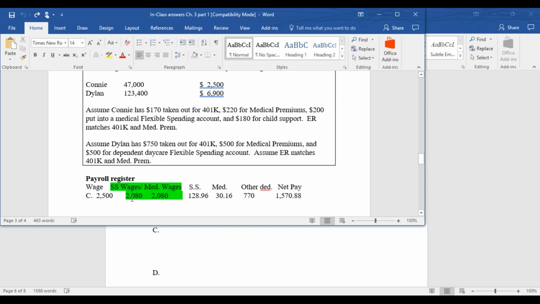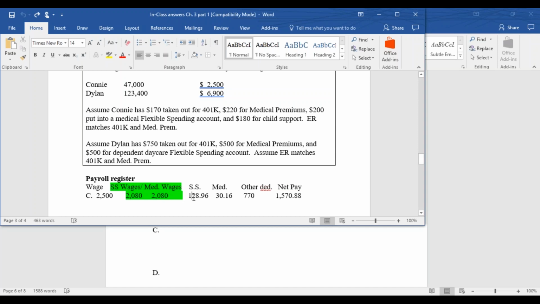For Social Security, if we add $2,080 to the beginning amount, $47,000, she's still nowhere near the cap. Therefore, the entire Medicare wage is also taxable for Social Security. Medicare and Social Security will always be the same until the caps hit.